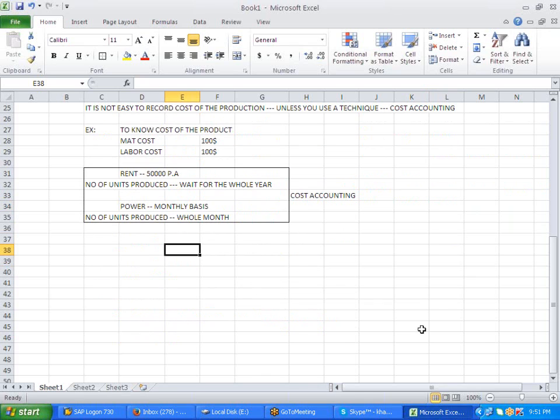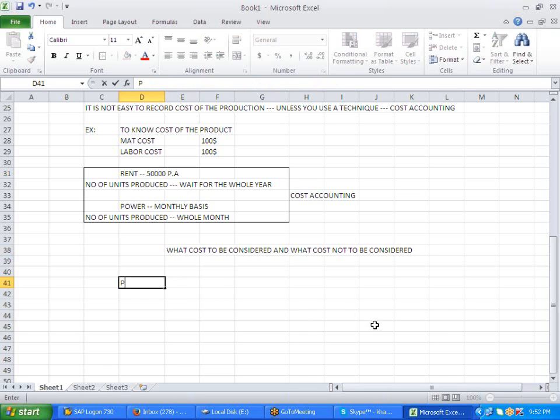Now let's go a little bit further. The question is, what cost should be considered and what cost should not be considered when you're taking cost? Let's take, for example, my production process, from when it starts till the distribution process.